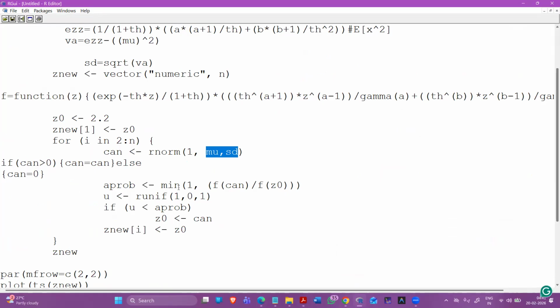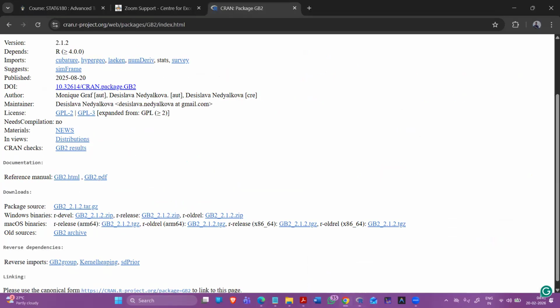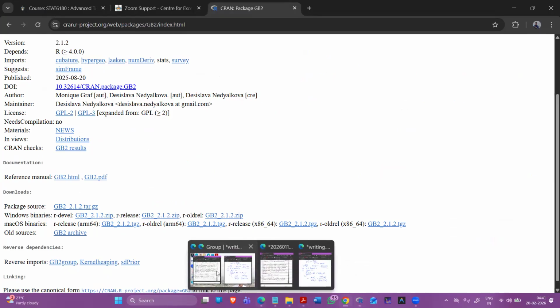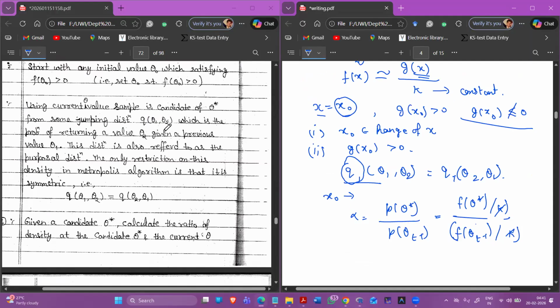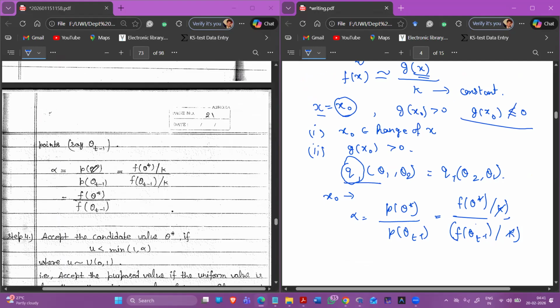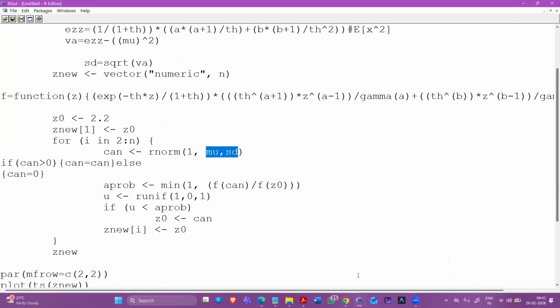After that, what I am going to do here, I need to find the ratio of my generated value and my current value, right? So what I'm going to do here, f of candidate, the value that I'm going to generate from the normal distribution here.